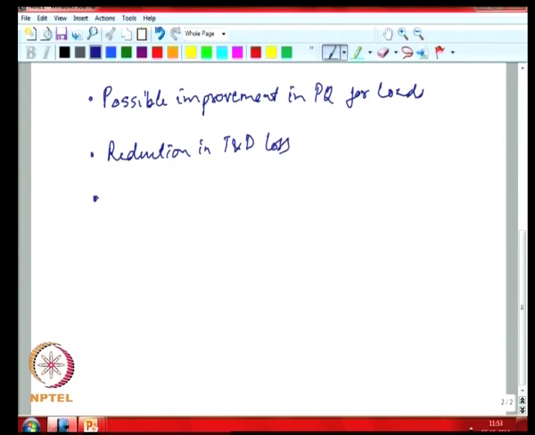You also saw that by appropriately adding the DG unit, it is possible to have a flatter feeder voltage profile. Plus you have other benefits.